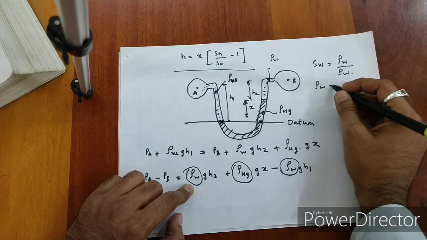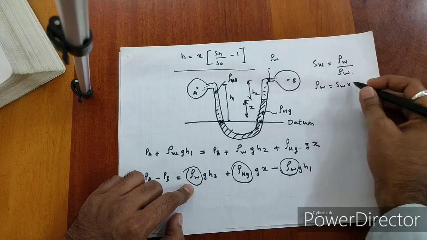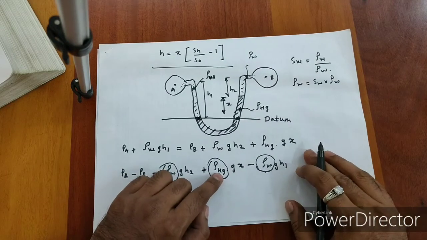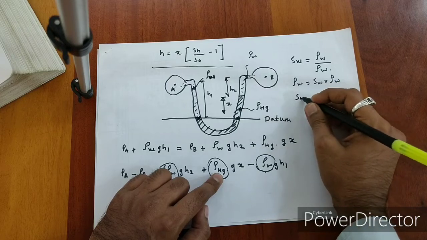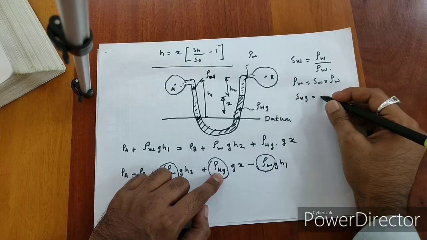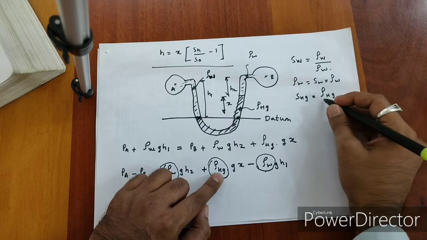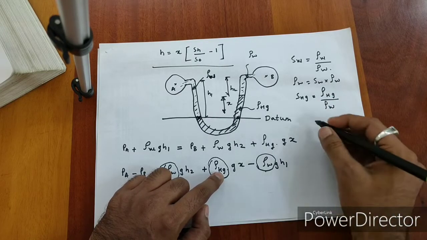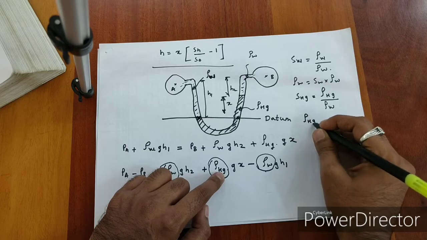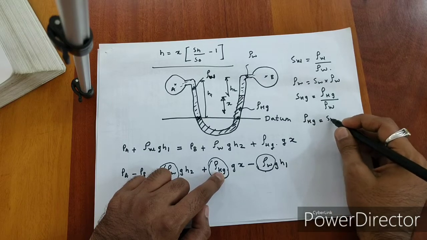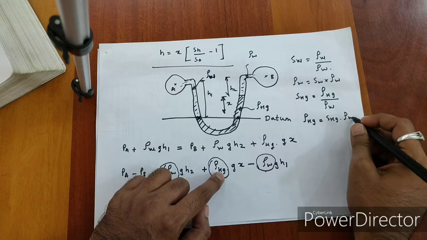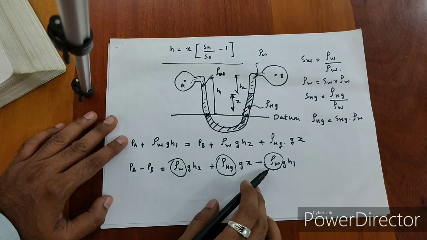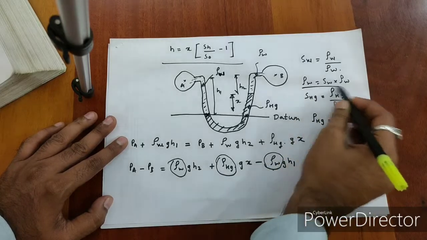So rho W equals SW into rho W. For mercury, specific gravity of mercury equals density of mercury divided by density of the standard fluid, that is water in our case. Rho Hg equals SHg into rho W.